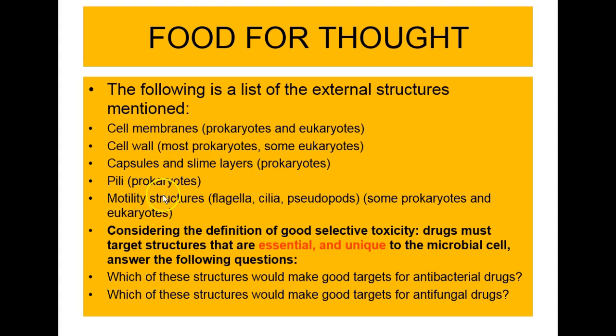As you look through this list, consider the definition of good selective toxicity. Drugs must target structures that are essential and unique to the microbial cell. Which of these structures will make good targets for antibacterial drugs? Which of these structures will make good targets for antifungal drugs?